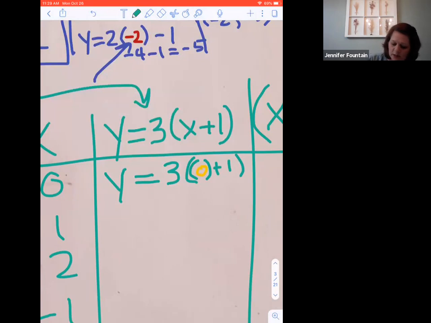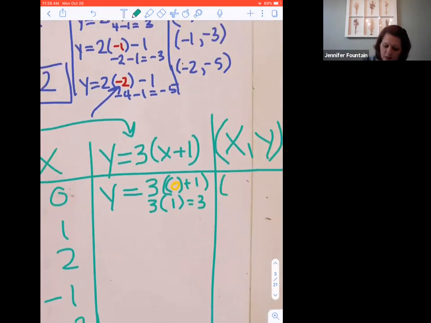So 3 times 0 is, oh, sorry, I messed that up. Remember, I've got 3 times something in parentheses. I've got to be real careful about my order of operations. I've got to work inside parentheses first. So 0 plus 1 is 1. Now I have 3 times 1 is 3. So if x is 0, y is 3.